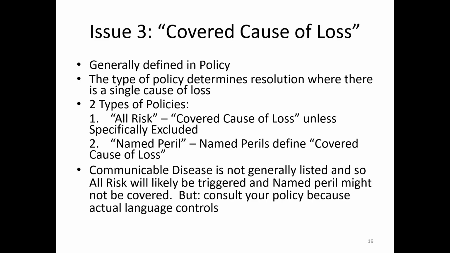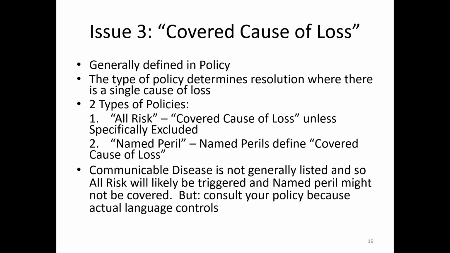So if you are lucky enough to have covered property damage, direct physical loss to covered property, it would have to be caused by a covered cause of loss. It's generally defined in the policy, and the type of policy determines resolution where there's a single cause of loss. If you have an all risk, the covered cause of loss is any loss except if it's specifically excluded.